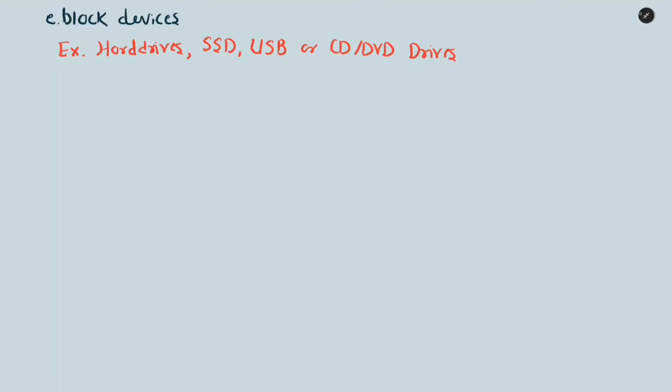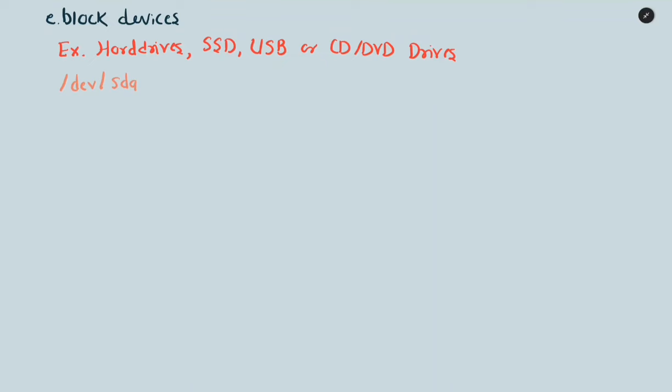So now, what is a block device? Block devices are devices that handle data in large chunks or blocks, unlike character devices that handle one piece of data at a time, like a keyboard or mouse. Block devices read and write data in blocks, typically 4 KB or more. In Linux, block devices are also represented as special files in the /dev directory and named like /dev/sda.